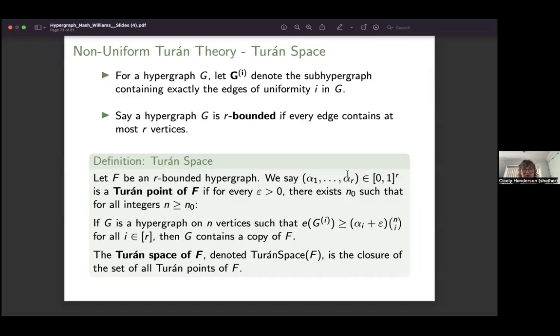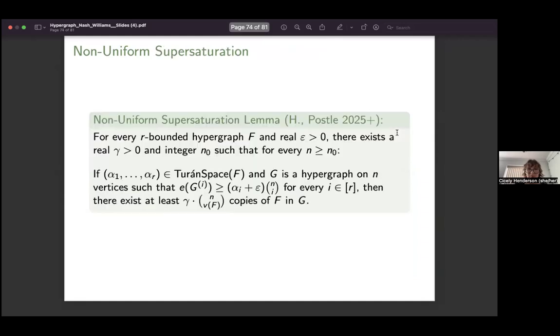None of them worked in our setting. So our definition is certainly motivated by what we wanted to accomplish for this proof. But it's actually a really natural generalization of Turán theory to the non-uniform setting. So we're curious to see what else can be proved about these Turán spaces, independent of how we used them.